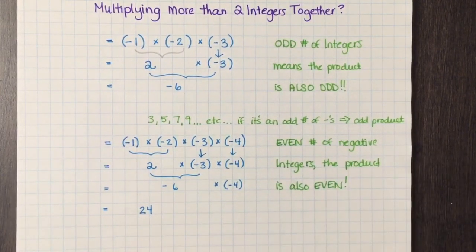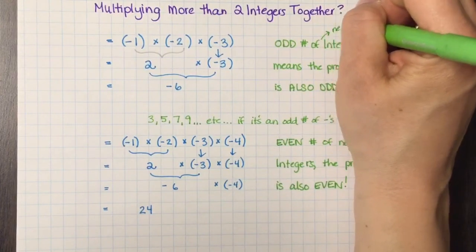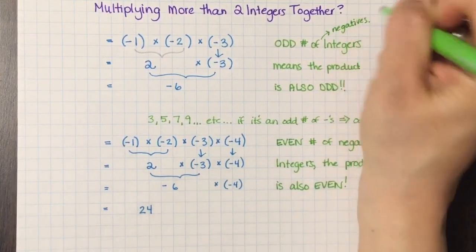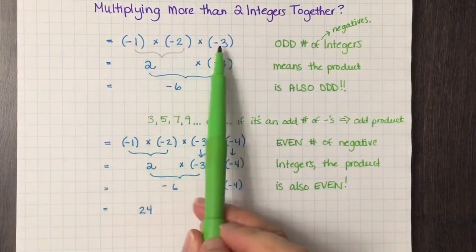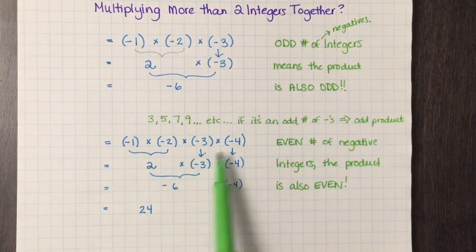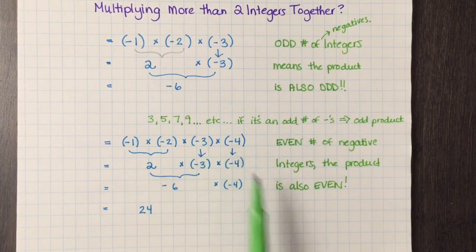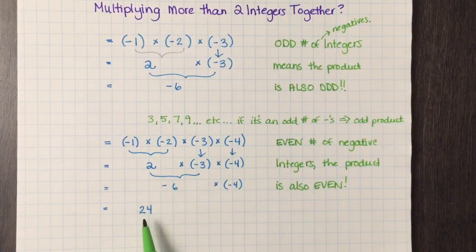Oh, I made a little mistake. So up here, if we have an odd number of negatives, it's all about the negatives. So an odd number of negative integers gives a negative answer. An even number of negative integers, see we have 4 of them, that's an even number, gives a positive product. So take a look on page 153.